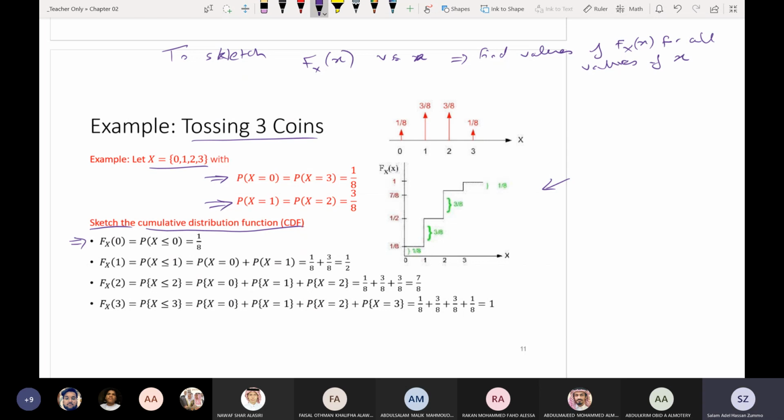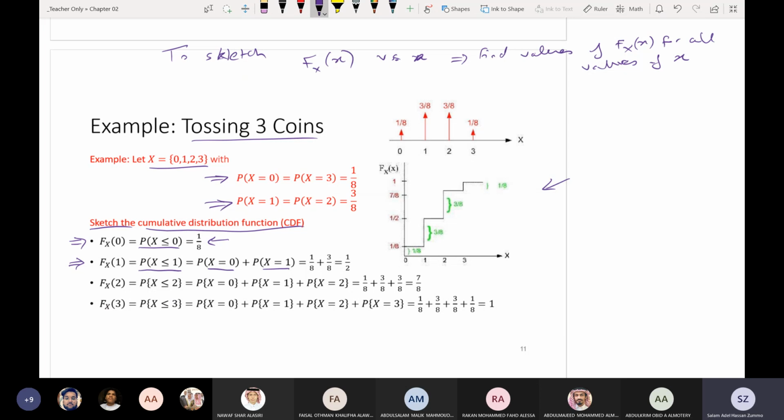Okay, so in order to do this, let's just repeat the same exercise. What is F_X of 0? It's the probability that X is less than or equal to 0, which is 1/8. We have done it already. F_X of 1 is the probability that X is less than or equal to 1, which is equal to the summation of the subsequent events, which are X equal to 0 and X equal to 1.